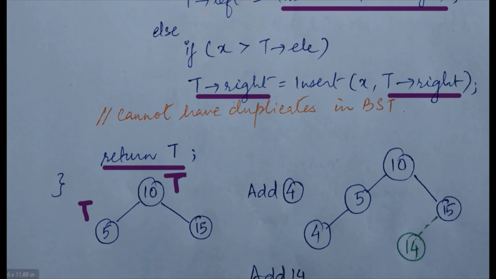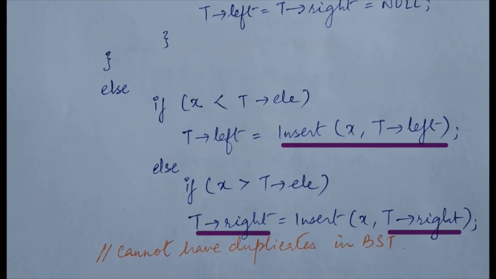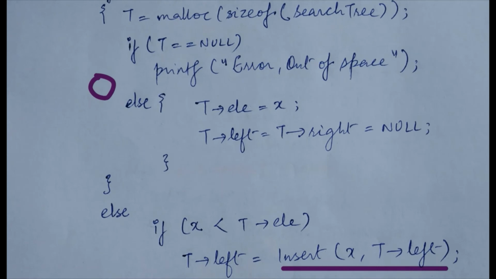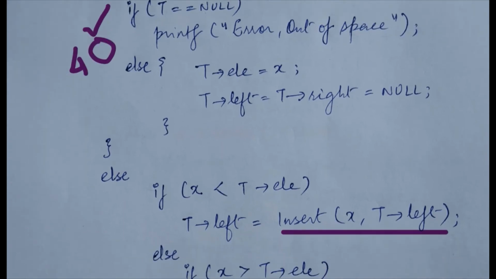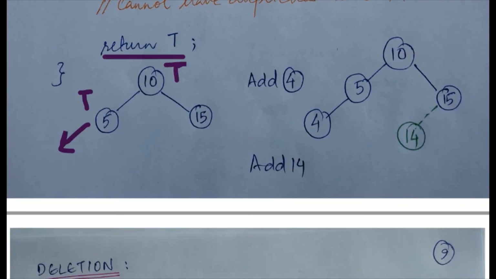What is t's left here? It is null. When t's left is null, in the next recursive call, a node is created and you put 4 inside that. You return that address from this insert call and put it in t's left. So the node that was created there is added here, and 4 is already inside that. This is how addition takes place.